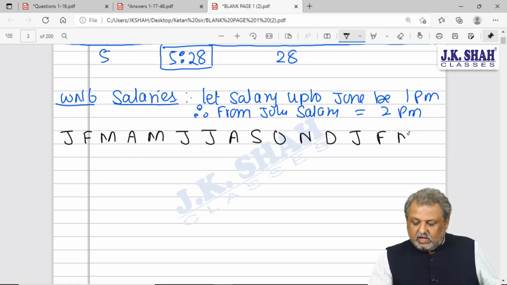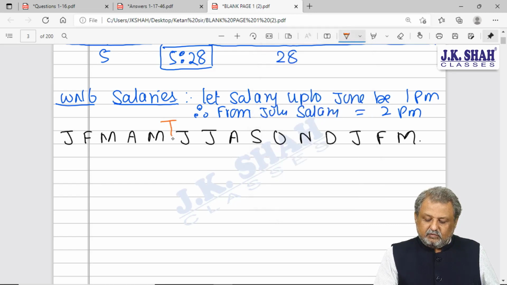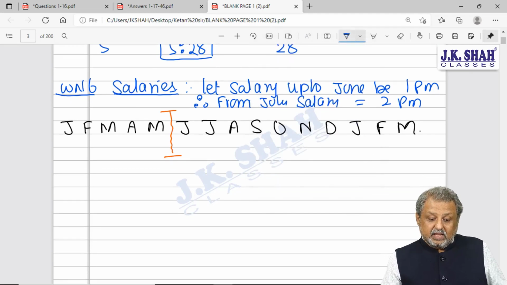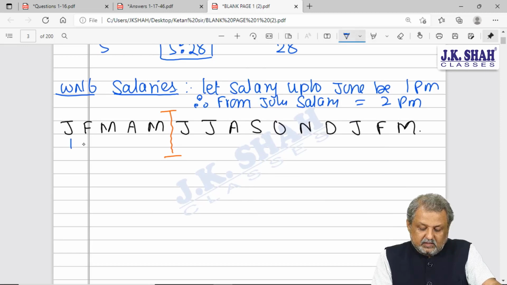Look at the time ratio and write down the number of months. 1, 2, 3, 4, 5. After 5 months, there is incorporation. Now look at the wordings properly. Up to June it is 1. Purposely 1 is this side. Purposely it is done.